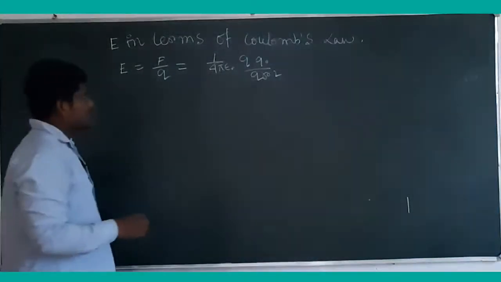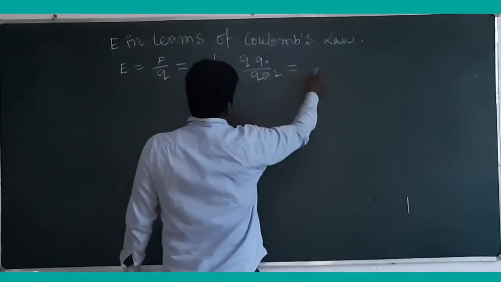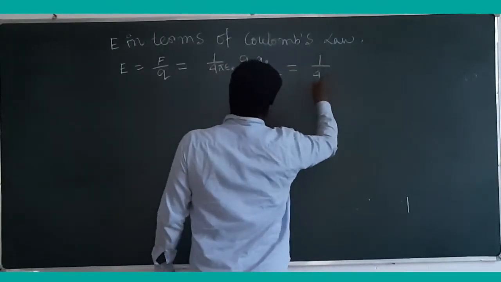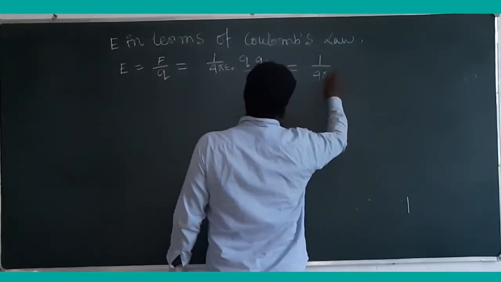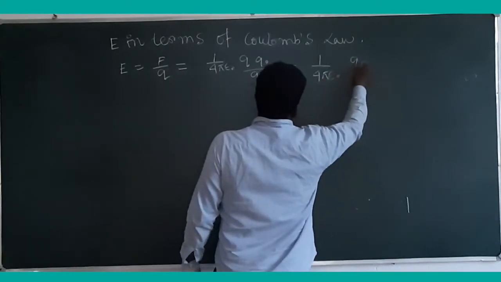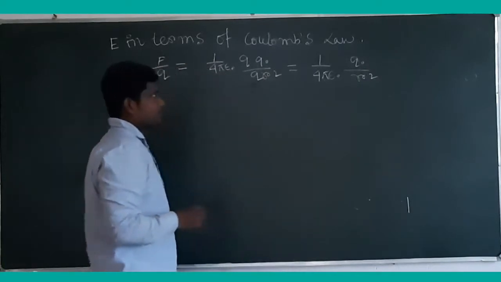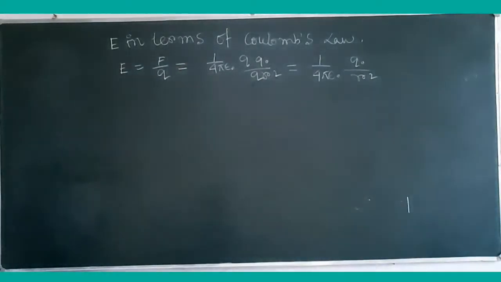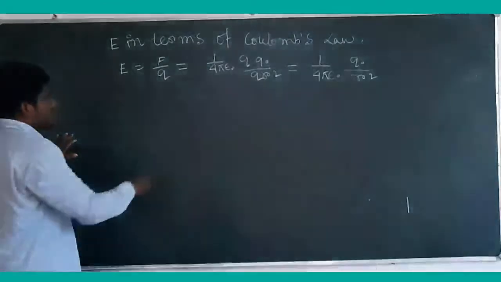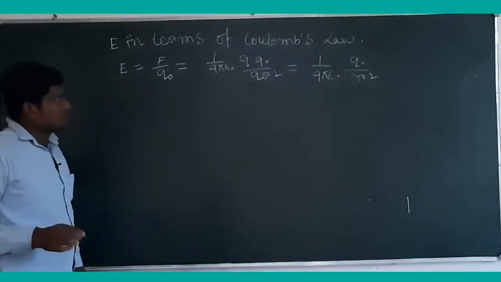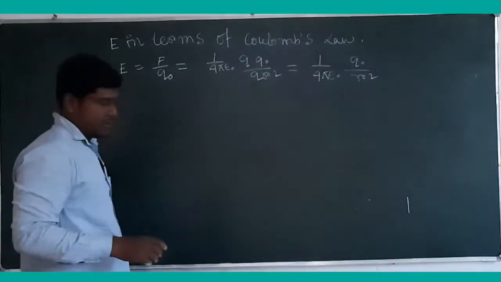Okay, and after calculation you will simply get 1 by 4 pi epsilon 0 Q0 by R square. Consider this as Q0, then the equation will be in standard form.